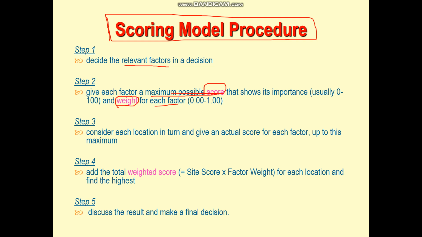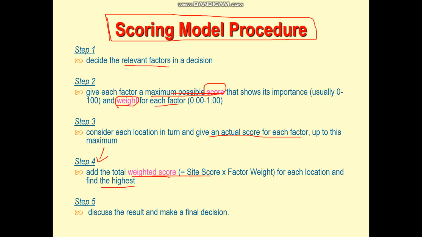And then you consider each location and give the actual score for each factor. And then in the next step, you add up the total weighted score, which is equal to the score times the factor weight for each location, and you find the highest score.